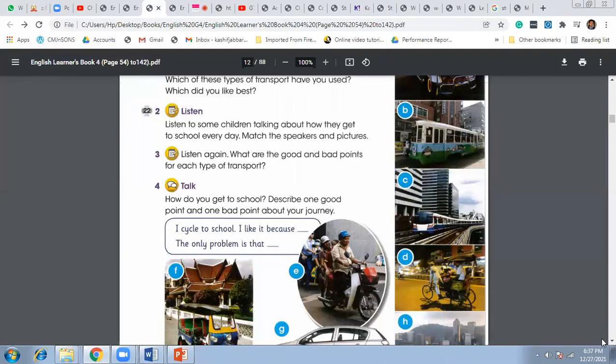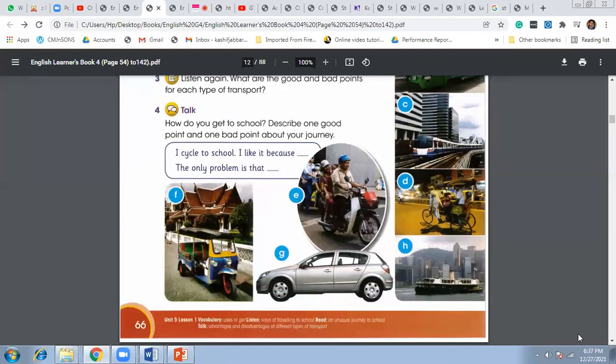All right, number 1. What she was talking about was picture F. Here you can see the tuk-tuk in picture F. It is open from both sides.